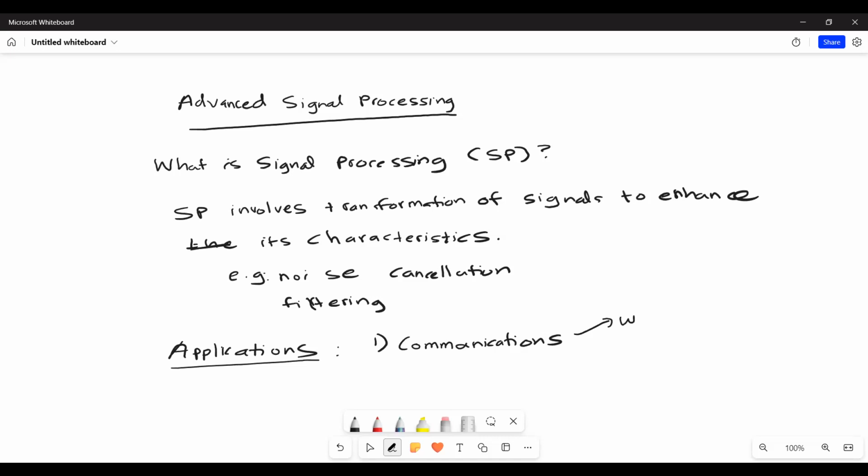When we take wireless communication, we have signal processing. When we have wired communication, we have signal processing. In those situations, we are dealing with signals and noise interference, and we need to remove the noise interference and take the information out of the signals.